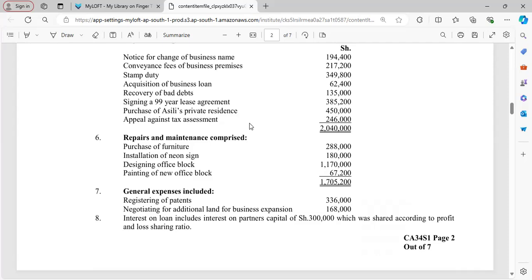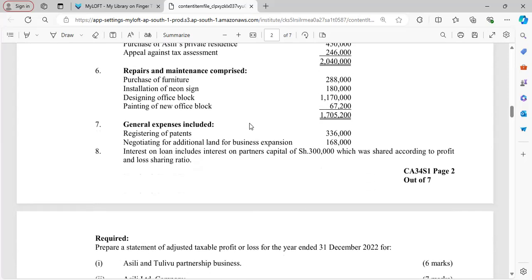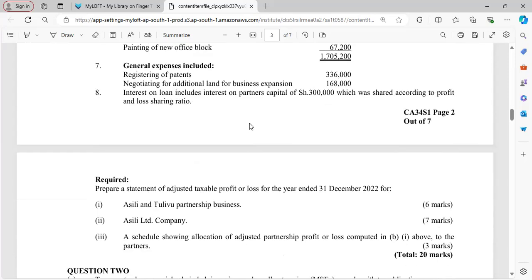Repairs and maintenance comprised purchase of furniture, installation of new sign, designing office block, painting of new office block. General expenses included registering of patents, negotiation for additional land for business expansion. Interest on loan includes interest on partners' capital of shillings 300,000, which was shared according to the profit and loss sharing ratio.